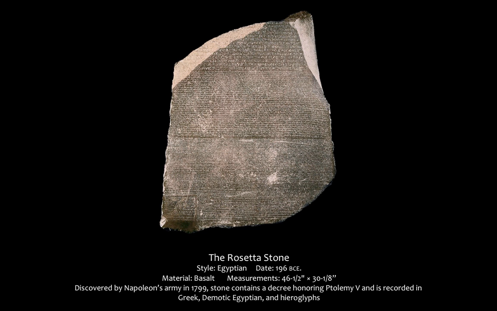The Rosetta Stone. So this is a key piece of understanding Egyptian history. So for a long time, people do not understand these hieroglyphs and what they mean, these little images. They're very different from the cuneiform that exists in Mesopotamia. But around 196 BCE, there is this decree that goes out by Ptolemy V, and this is recorded in 3 different languages.